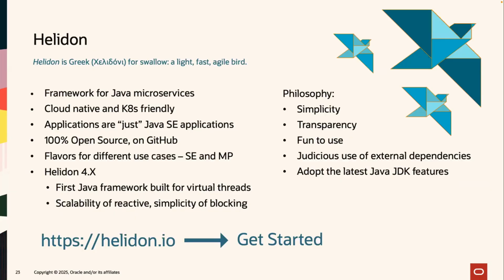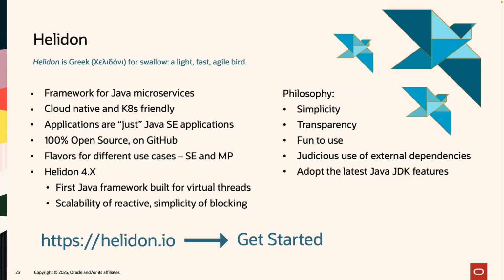So if you've got development teams that are familiar with building in a declarative style, MicroProfile provides a very familiar programming environment to your developers. We also support a different flavor of development called Helidon SE, which provides more developer control of functional programming style.